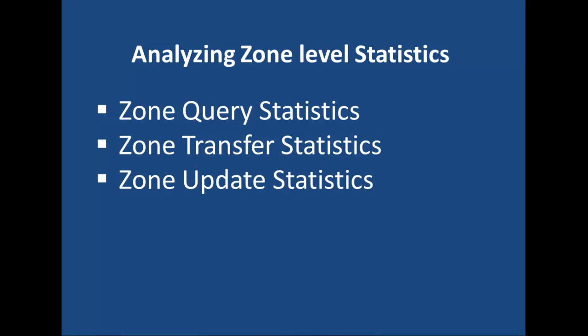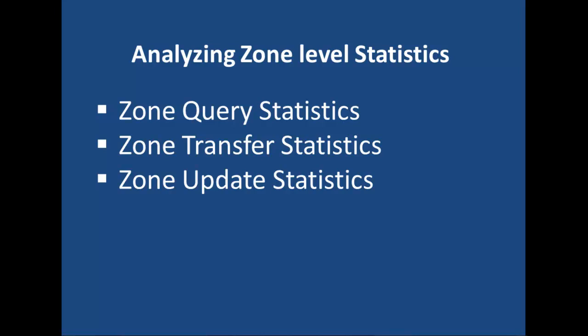Windows Server 2012 introduced to us the ability to view statistics at a per zone level instead of viewing them for the entire DNS server. PowerShell is used to extract and view this information.